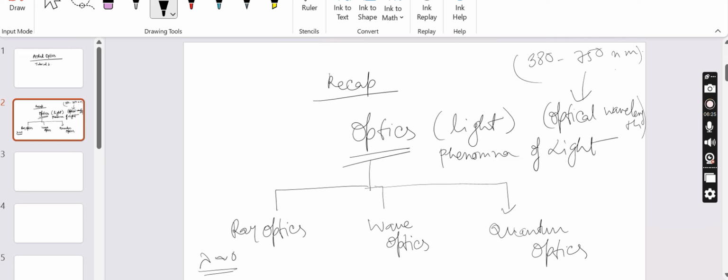And in wave optics, we have finite optical wavelength, which varies between 380 to 750 nanometer, and we assume that light is an electromagnetic wave. And in quantum optics, light consists of quanta.